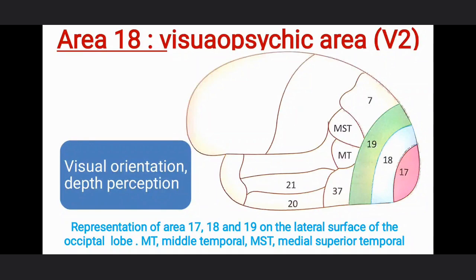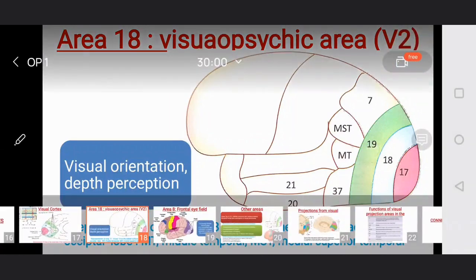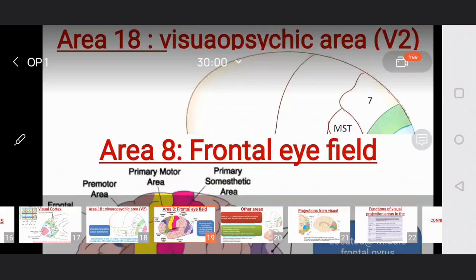It is concerned with the conjugate movements of the eyeball, and it is called the occipital eye field.